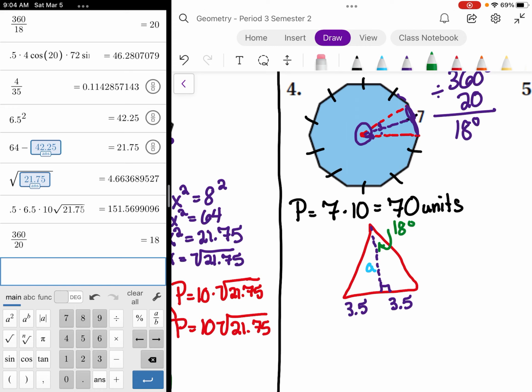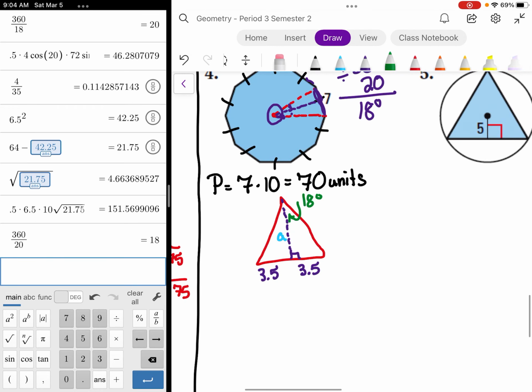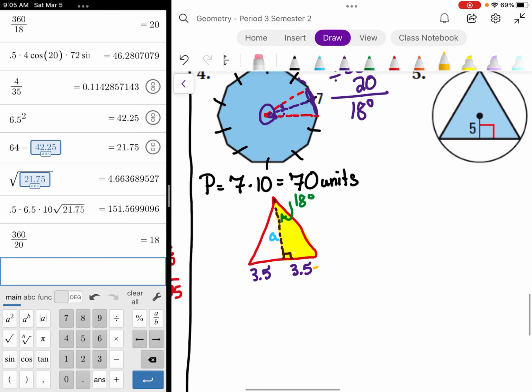So looking at this, we're just going to use one of these right triangles to figure out what the apothem is. We know that we have the top angle, and from there we have our opposite side and we have our adjacent side. Looking at SOHCAHTOA, the one that uses opposite and adjacent is our tangent function.